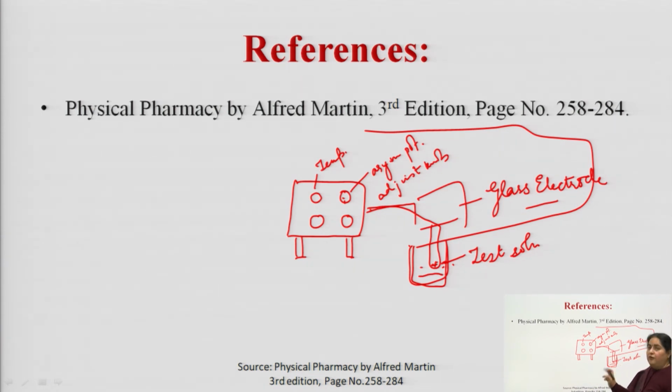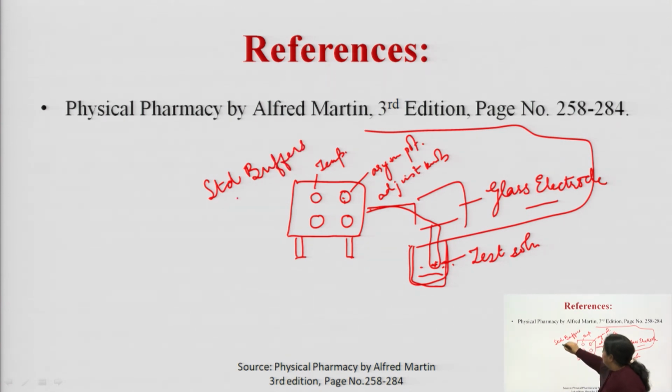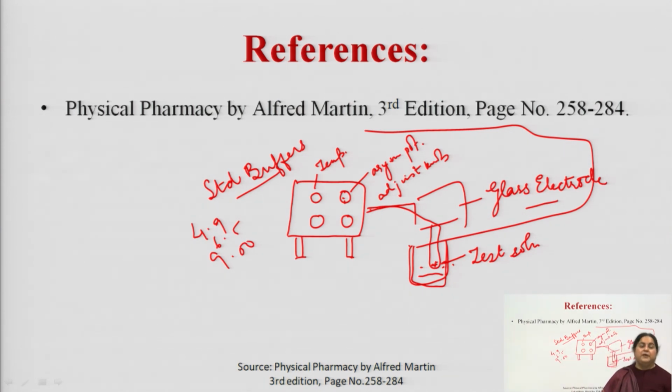So, first of all there are some standard buffers of different pH. So, they can be of 4.9, 9 and 6.5. So, different ranges of pH buffer solutions are available to us.